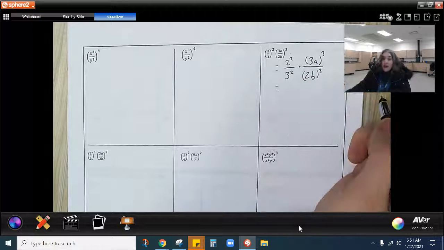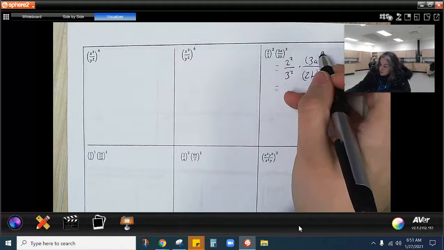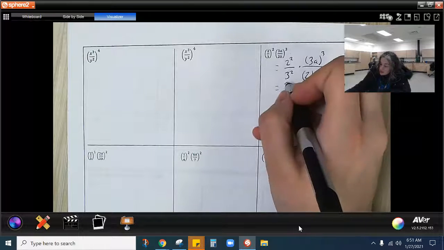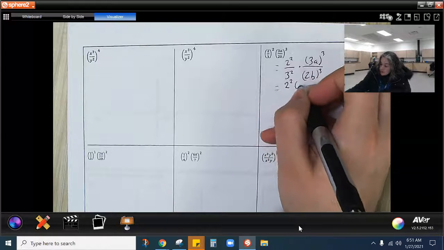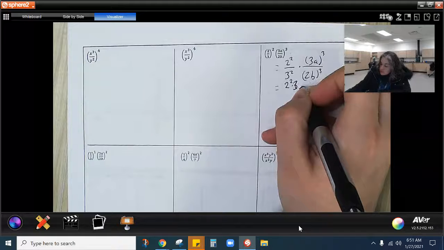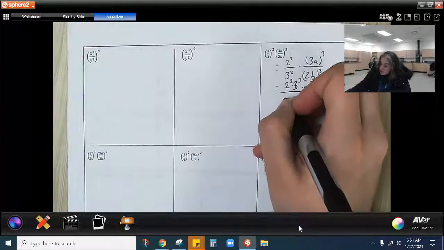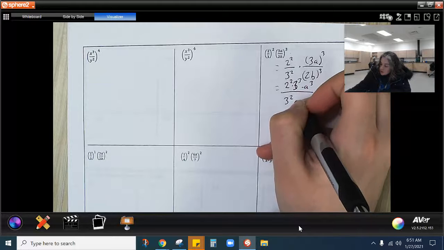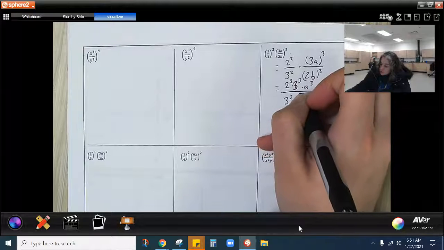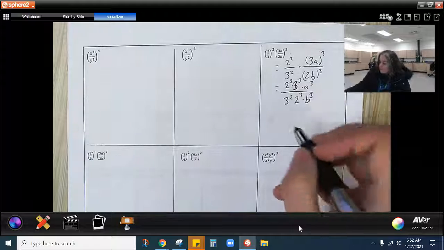Now I'm going to apply my power of a product rule. So this basically gets distributed, right? So we're going to have 2 squared times 3 cubed times a cubed over 3 squared times 2 cubed times b cubed.